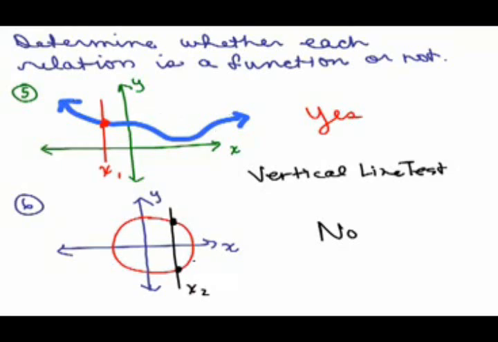But for number 6, I was able to draw a vertical line and pass through this relation in more than one place. So it's not a function. Now you could say, oh, but I could go over here. Well, it doesn't say that no matter where you put it. It says if there's any place that you put it that it's going to go through twice, then it doesn't pass what we call the vertical line test. So you need to pass the vertical line test to be a function.